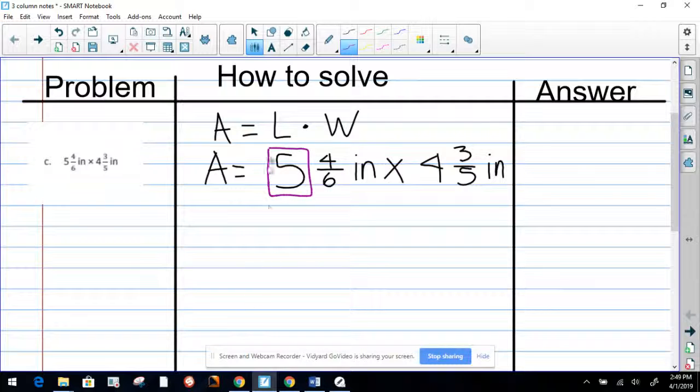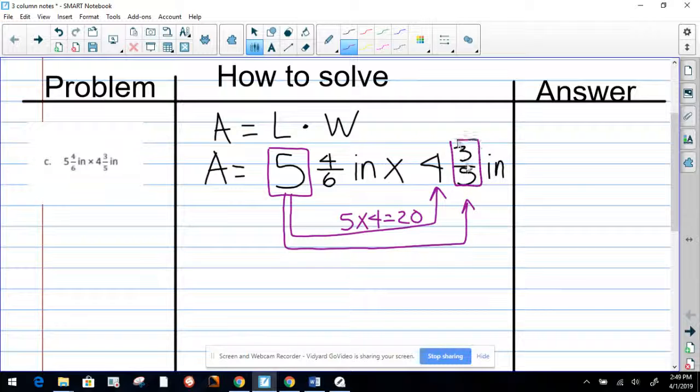If I multiply this 5, it's going to be multiplying the 5 times the 4. So that means 5 times 4 equals 20. Now we're going to multiply the same number 5 times the 3/5, right? And that will be 5 times 3/5.